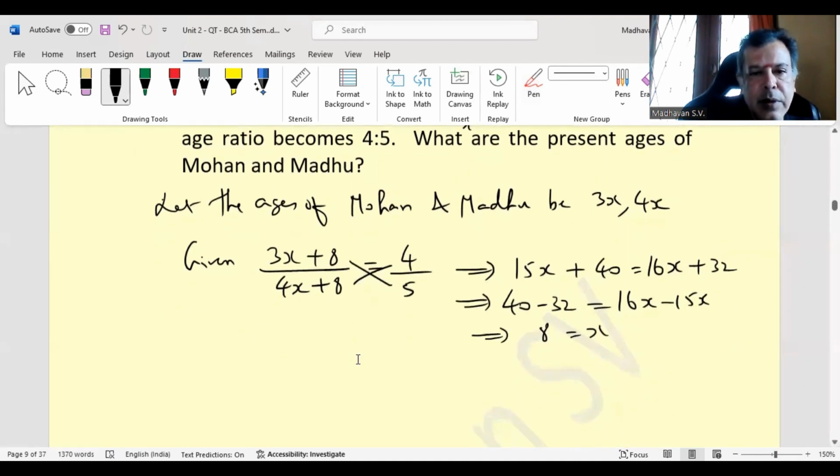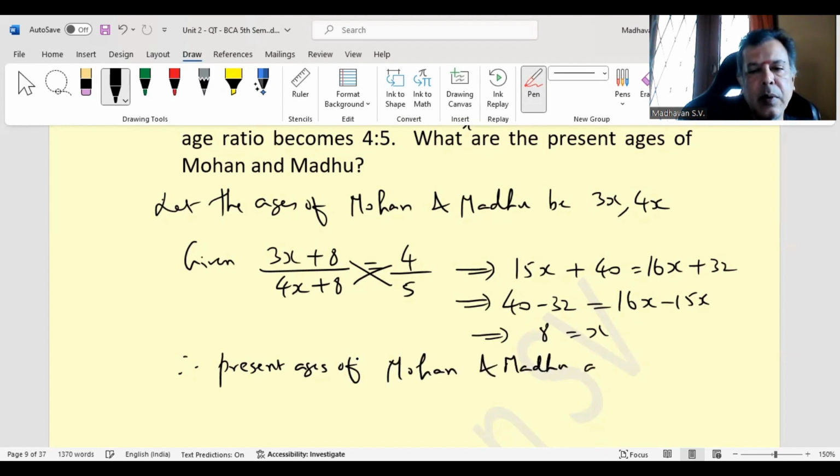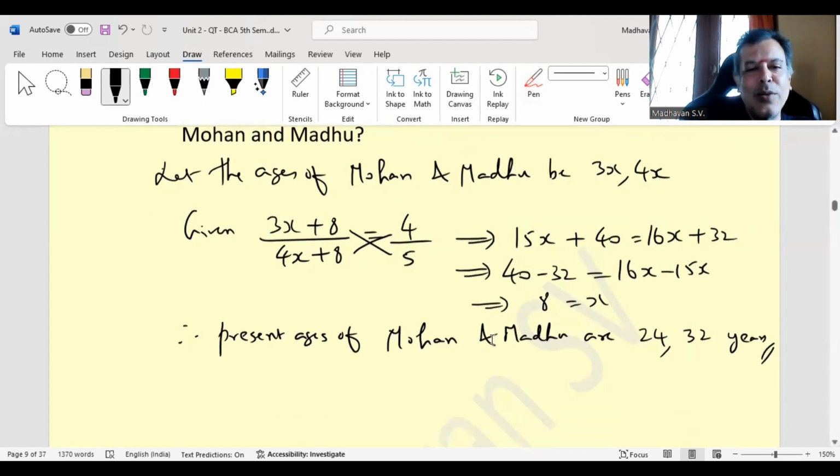So therefore, the present ages of Mohan and Madhu are 3 into 8, so 24, and 4 into 8, 32 years. So that is the solution. Let us move on to the next.